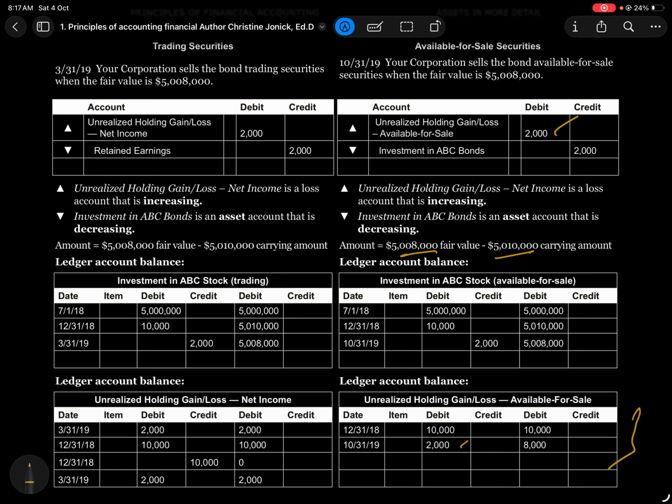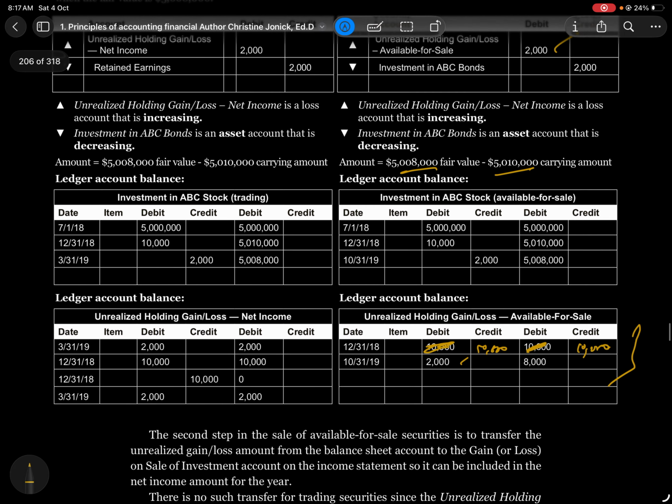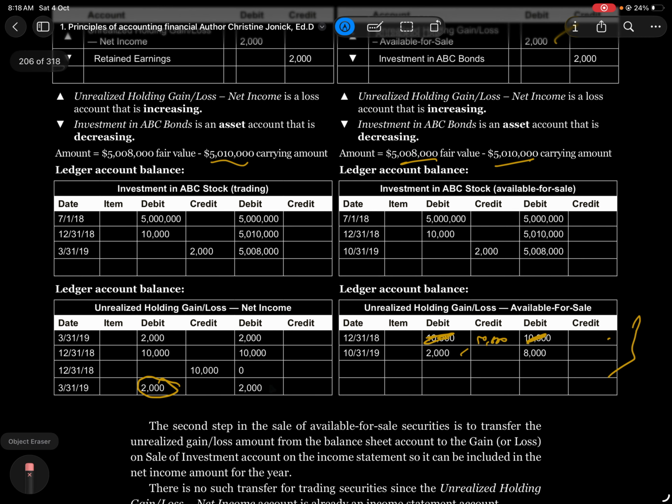So we will recognize that. This should have been over here. So similarly in the ledger accounts as well. So if there are any losses, we will have to recognize that.